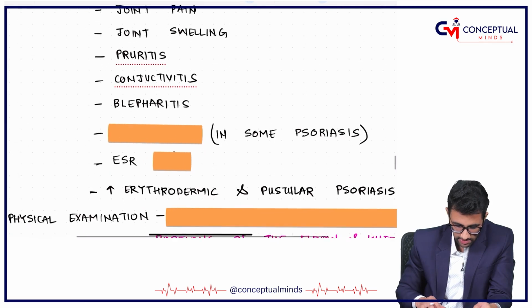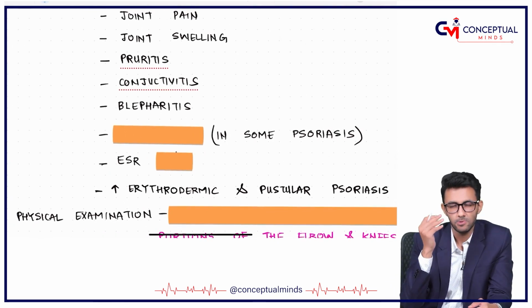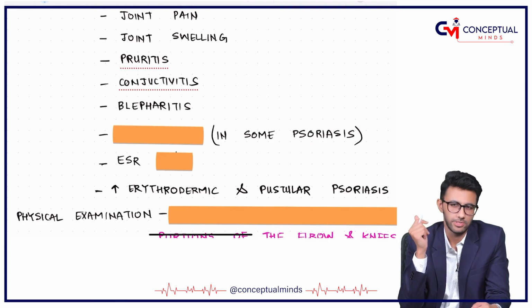The next point is pretty interesting. In some psoriasis we have increased uric acid concentration.